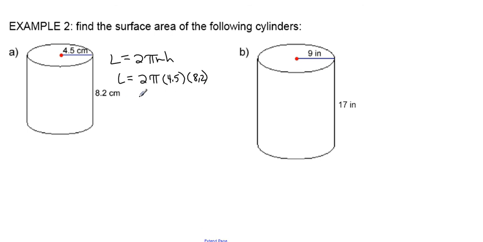We're going to take that lateral area and add to it the area of two of the bases. So 2 of the bases would be 2 pi r squared. And the radius is 4.5. So it'll be 2 pi times 4.5 squared.